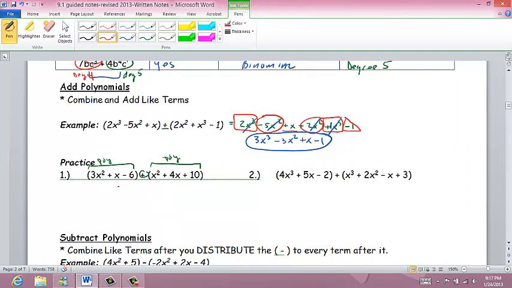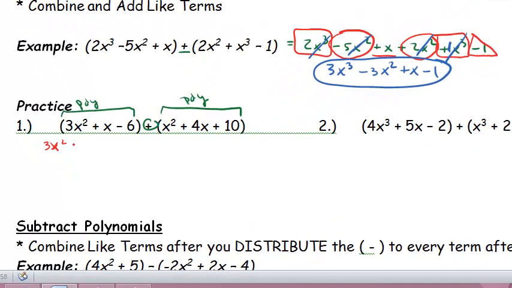So, looking at the two practice problems, the first one, since we are adding the two polynomials, we will go ahead and basically drop the parentheses. And when we do that, minus 6 plus x squared plus 4x plus 10, and then I go ahead and combine my terms. 3x squared plus x squared gives me 4x squared.